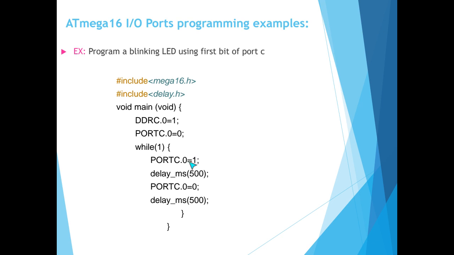By giving 1, meaning turn on the LED, and delaying for some seconds, and again putting 0 for the PORTC.0 register, meaning turn off, or the voltage is 0, then the LED turns off.